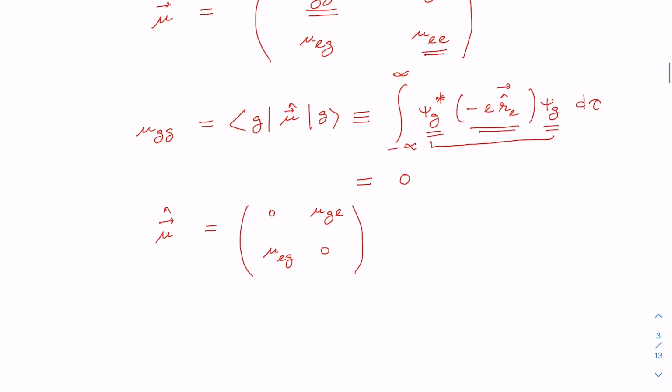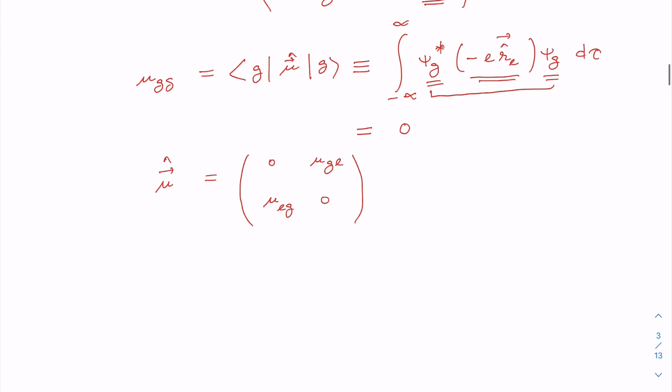Let me write the full form of the dipole moment operator as follows. We have mu is equal to |z><z|mu|z><z|. You already know how to write it in these Dirac notations. The full form, you know how to write it, so let me write it.